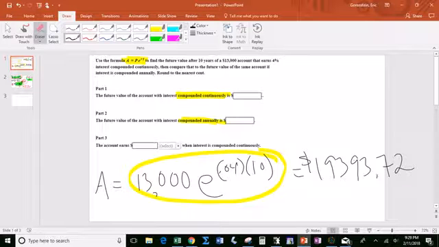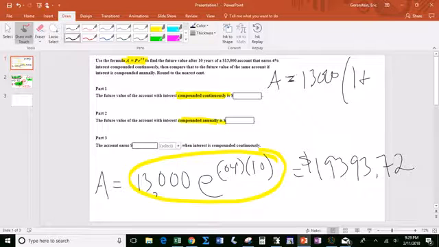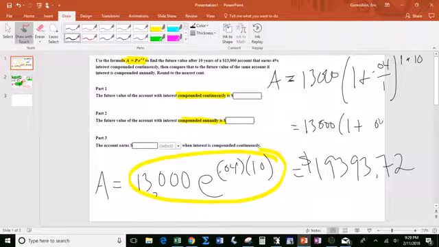Okay, so for compounded annually, A should equal principal, 13,000, parenthesis, 1 plus R over N, so it's once a year, to the power N times T. And those two ones we don't really need, so we could just say 13,000 times 1 plus 0.04 to the power of 10.